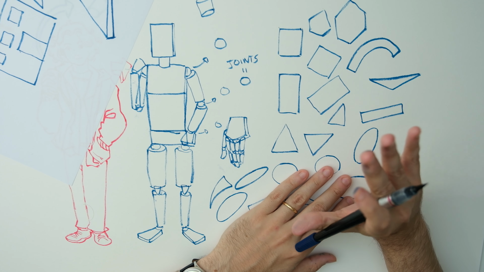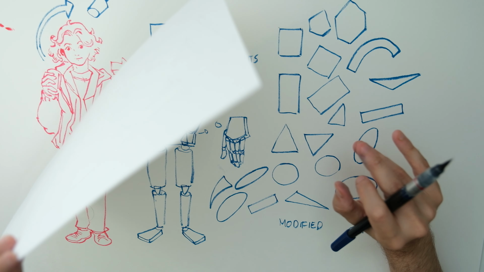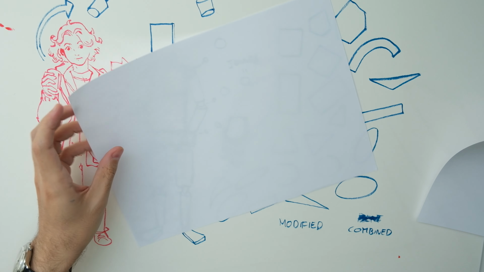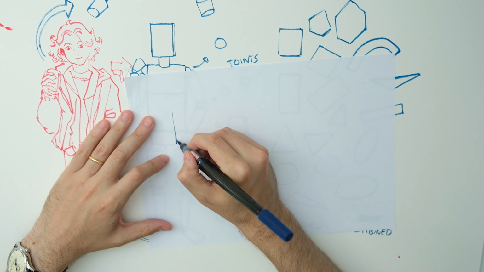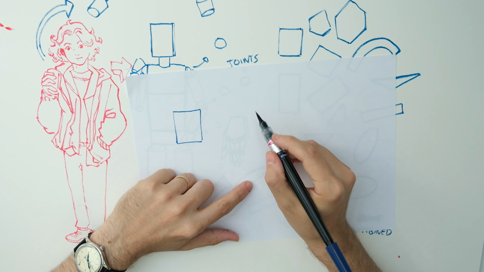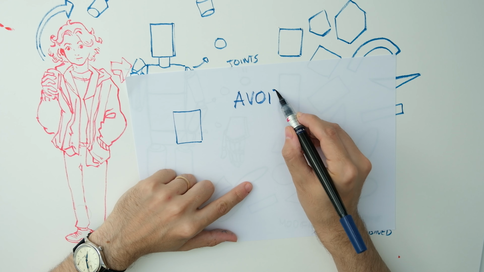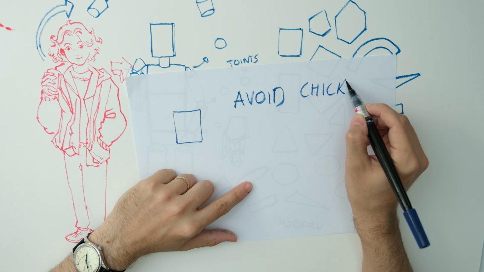What I mean by confidently is, and this is very important, you want to be in a position where you can draw the rectangle or the square confidently, avoiding chicken scratching.